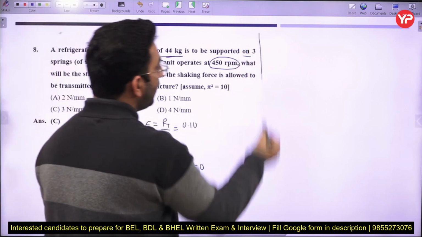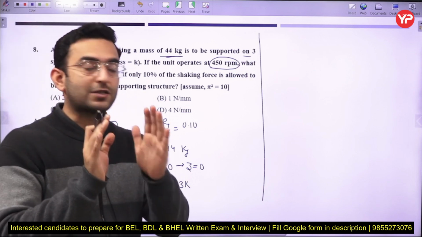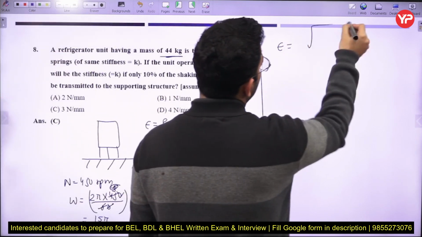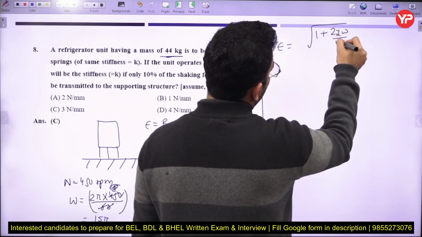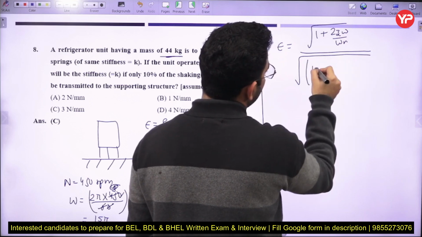So now here you can see the value of zeta is equal to 0. Then the formula of the transmissibility, which is a very complicated formula given by this particular expression, will be simplified further. So this is the formula of the transmissibility.